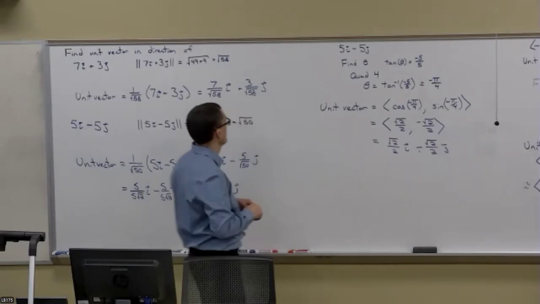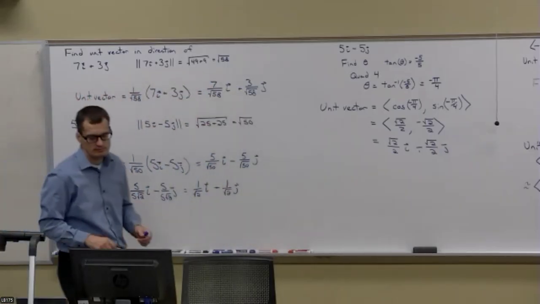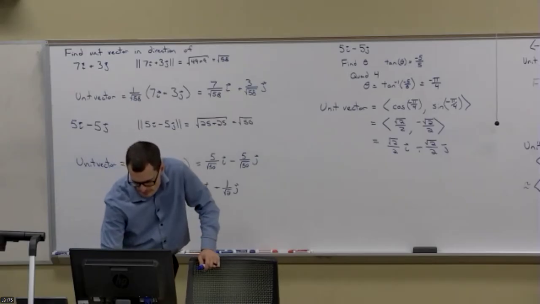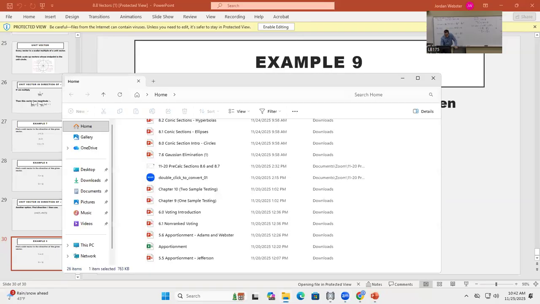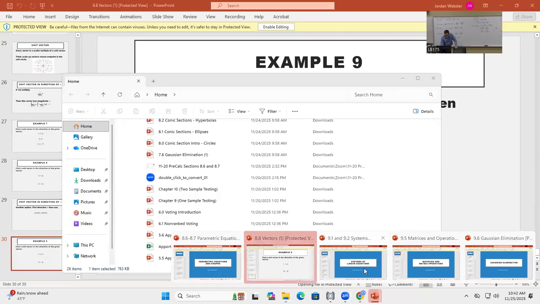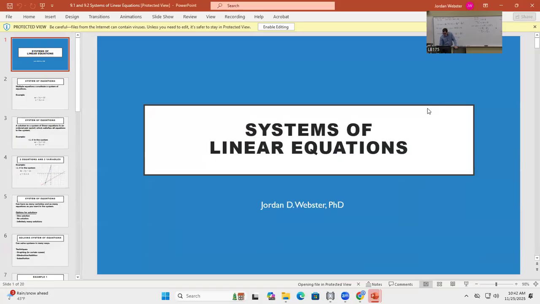So I tend to use the scalar multiplication approach. So that's it for vectors. Which means that's it for chapter 8.